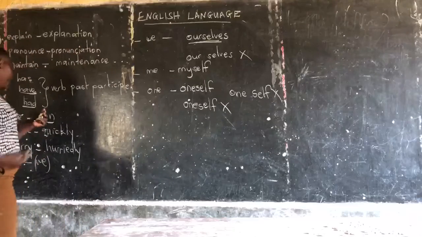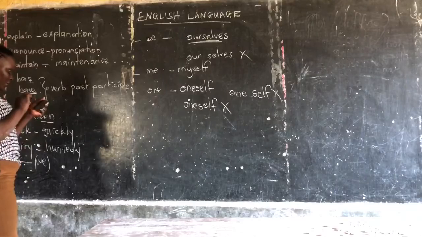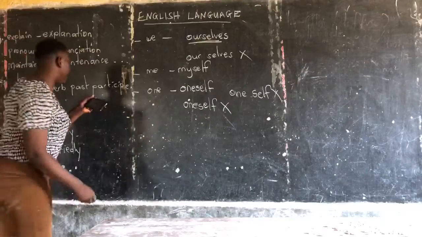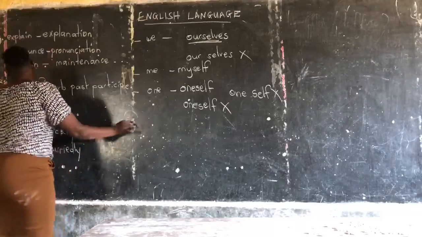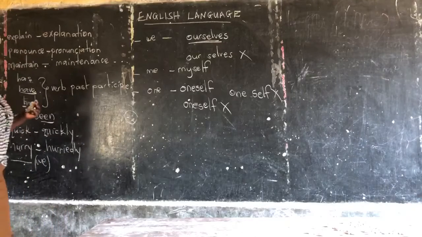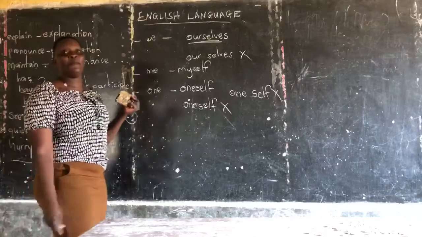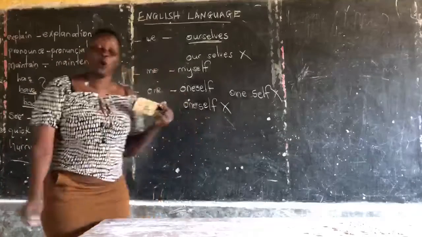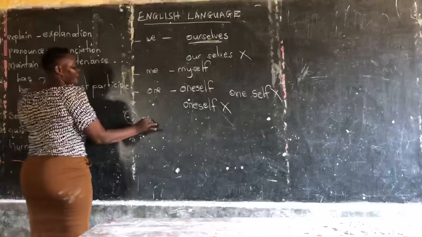Then when you go to number 5, the timekeeper has dash the bell. We go back to our number 2, where we are having has, have, had, and they want the verb in the past participle. What is the participle of the verb ring?